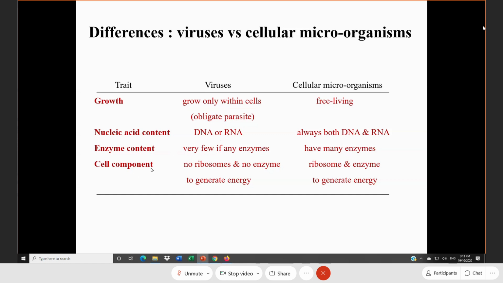So cell components, of course, viruses are not cellular. They don't have ribosome. They have no enzyme. They have no mitochondria. They cannot generate their own energy. They cannot do anything on their own. But cellular organisms, of course, have ribosomes and enzymes to generate energy, to synthesize protein, whatever, they can do that. So that is the situation.